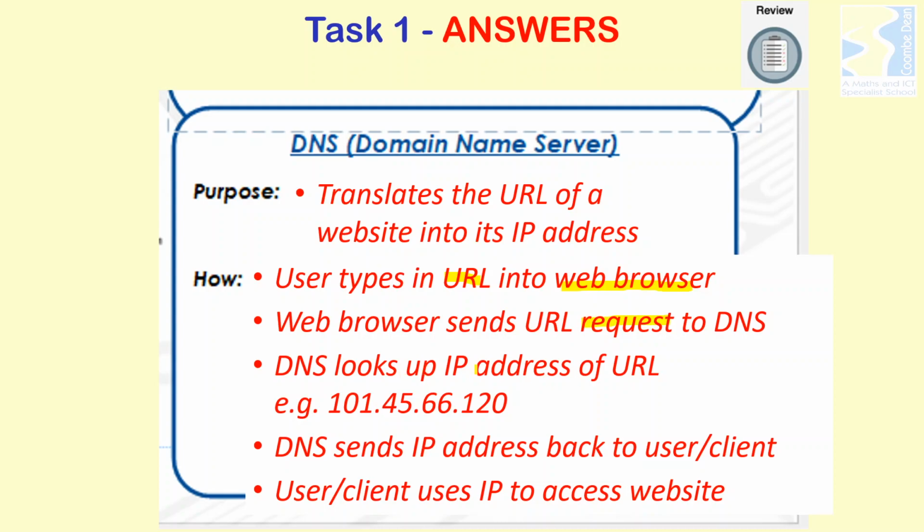The DNS looks up the IP address of the URL. DNS sends the IP address back to the user. And then the user uses the IP address to access the website. There's your main points, everything you need to know about DNS condensed down. It's a small box, but try to fit it in carefully, neatly, so you are prepared for the exam.